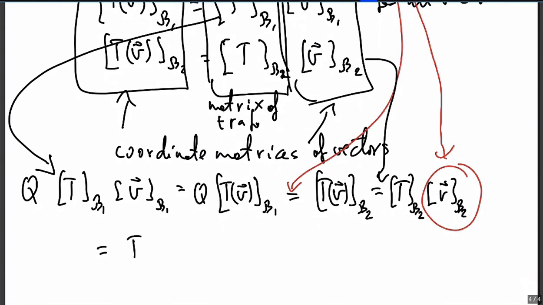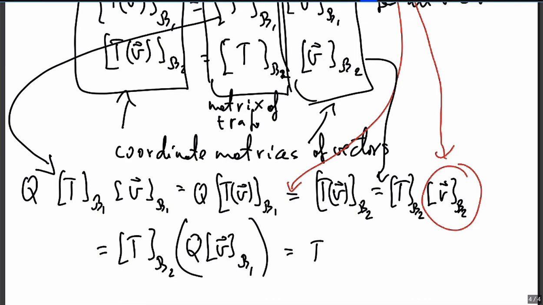So the matrix representation of T in the B2 basis stays there, and we substitute the representation of V in B2 with Q times the coordinate matrix of V in B1. This is matrix vector multiplication, so this is associative. We can just write the T B2 matrix times Q times the coordinate matrix of V in B1.